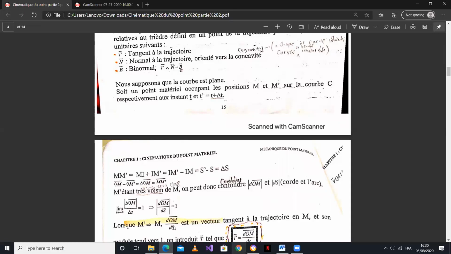I don't know if you guys have seen it. You really have to try to imagine these things for you to see them and to understand them, or you can just get them as gospel truth the way they are. You just memorize, say, d OM over dS is equal to 1, and so my tangent vector T is going to be d OM over dS.